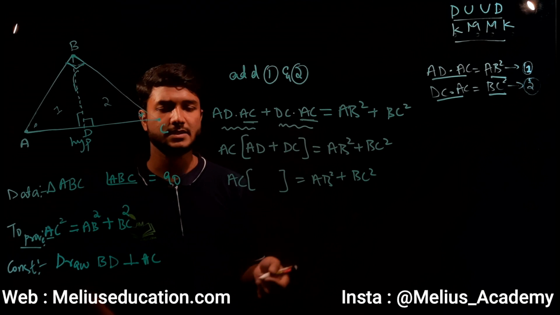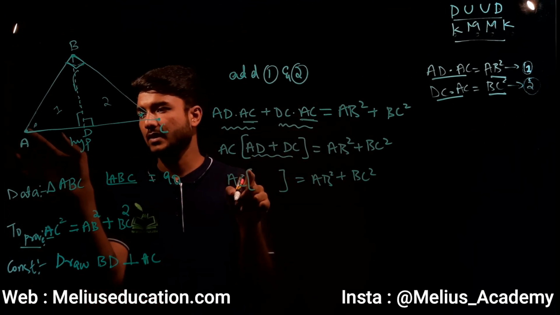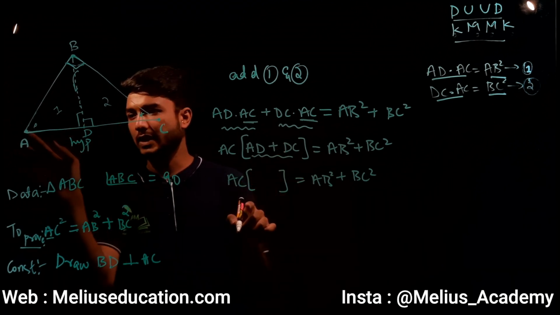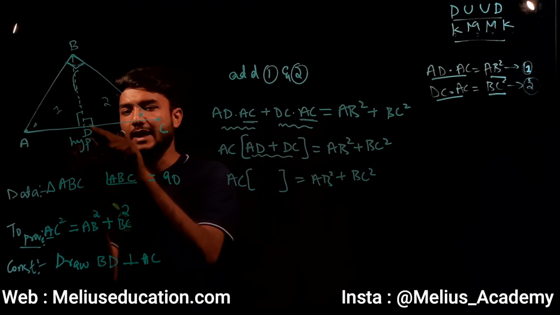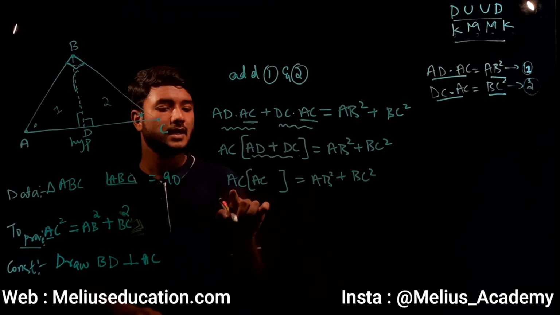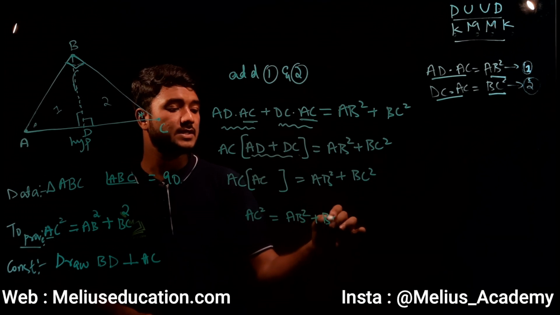Entire thing keep it as it is. Now when you observe, where is AD? AD is from here to here. And what is DC? Here to here. So AD plus DC is the entire thing, that is AC. So AD plus DC is AC. AC into AC is AC square is equal to AB square plus BC square.